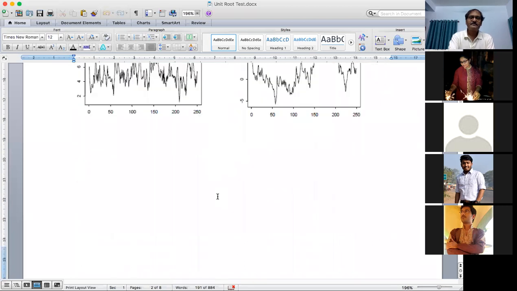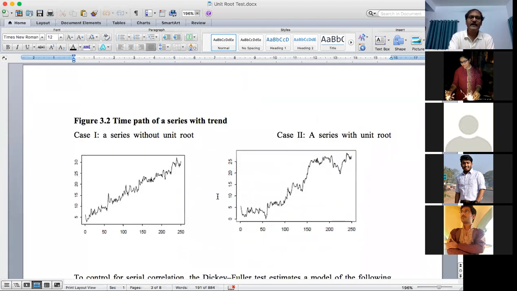Again, if we look at another two series, the basic difference between these two series and the series we have shown earlier is that in our earlier series there was no trend. No trend means no trend we can observe. But in this case, we have a trend. The value of Yt shows upward movement in this case.